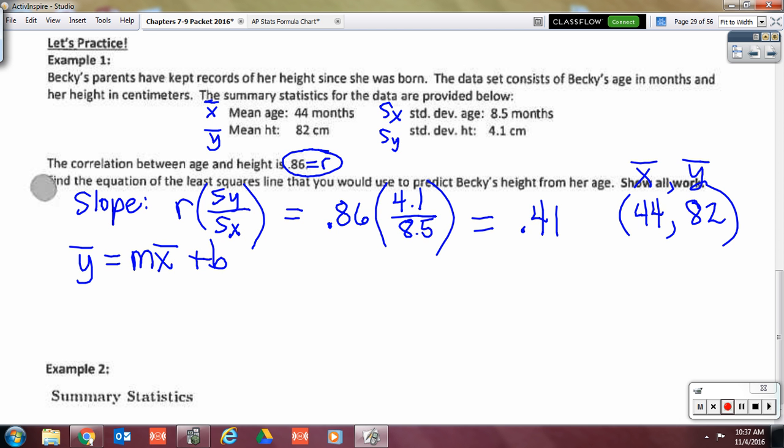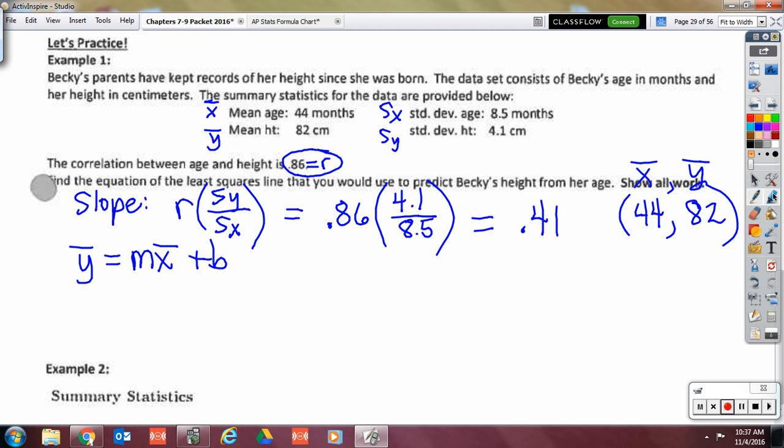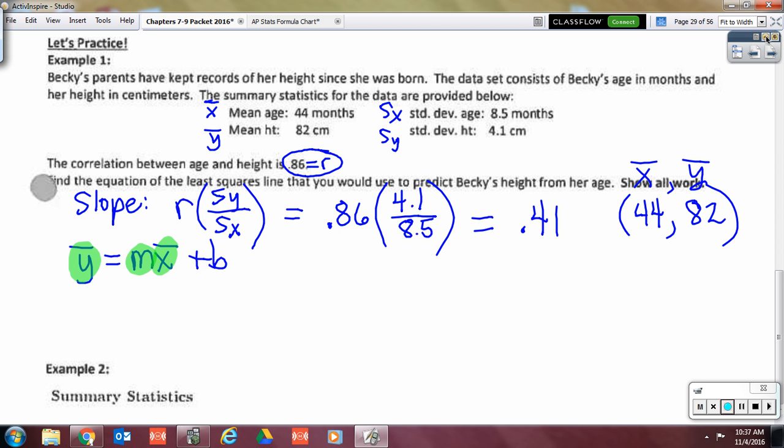We've got then 3 out of the 4 items in this equation. We've got the mean of y, the slope, and the mean of x, so I can fill those items in, and then I can get my y-intercept. That's what I like to do. So let's do that here. My mean of y is 82. My slope we computed is 0.41. My mean of x is 44.